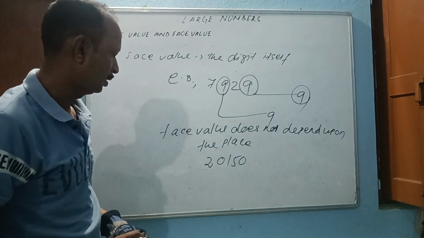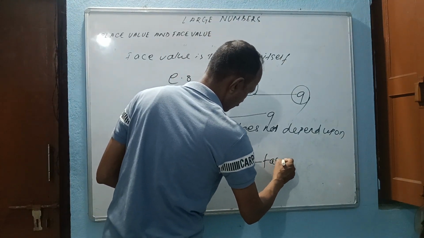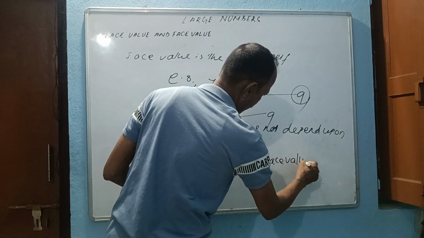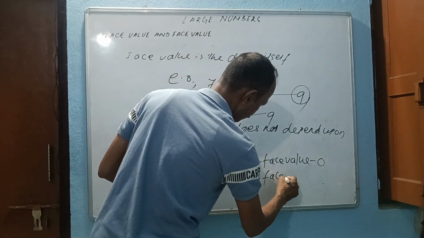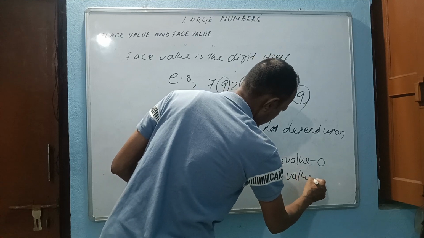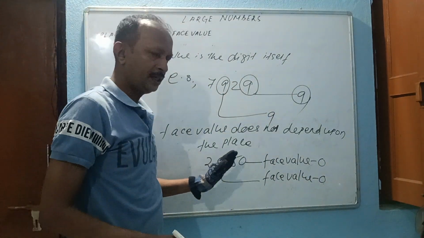Here you see. What is its face value? Face value 0. What is its face value? Face value 0. That means the digit itself.